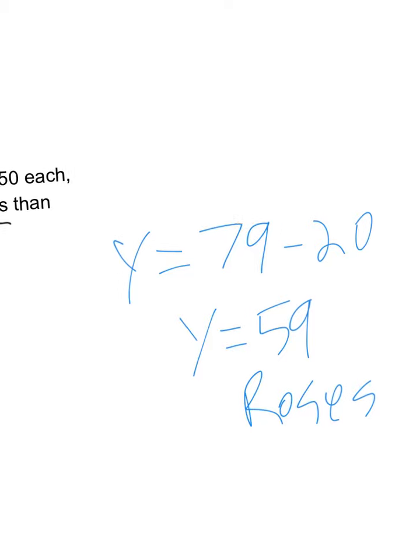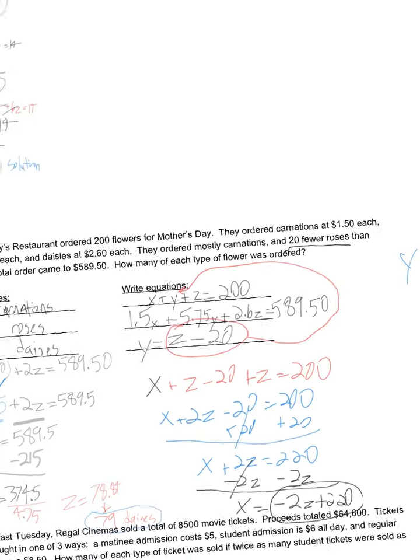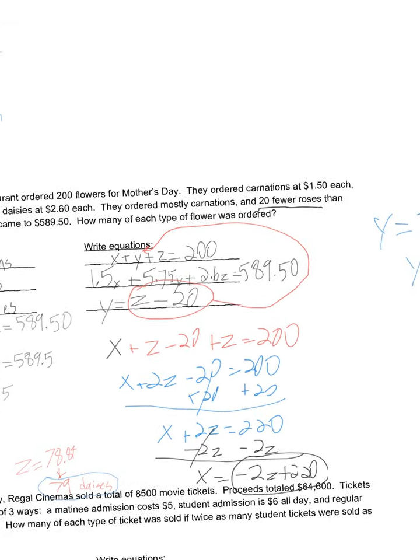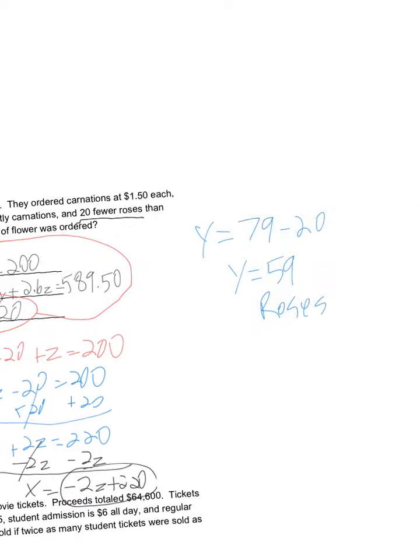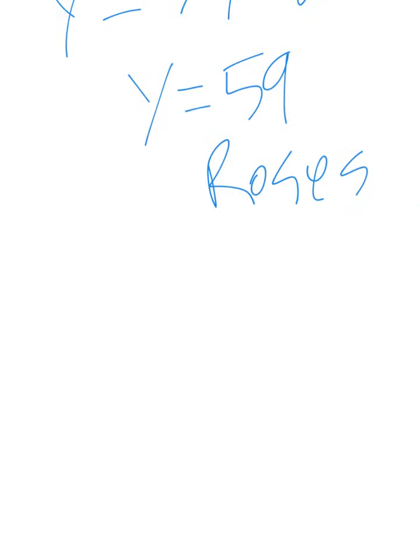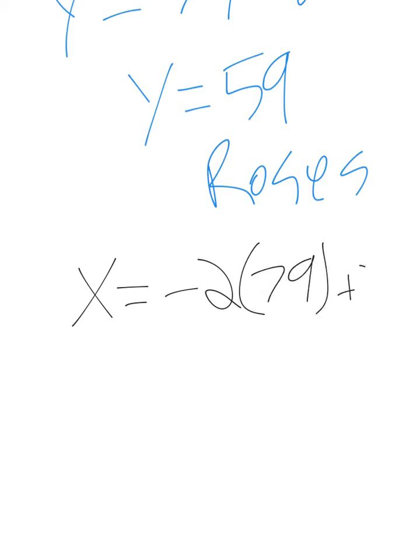And then what do I have left? x equals negative 2z plus 220. So x equals negative 2 times 79 plus 220. That's going to give me x equals 62 carnations.